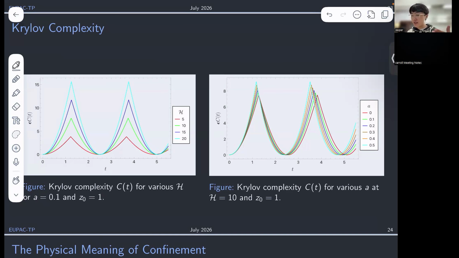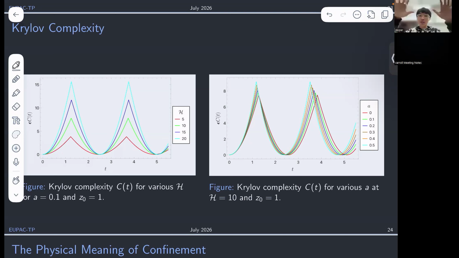Why the complexity is oscillatory is because we think our dual theory at the boundary is actually in a confined phase. For a soliton geometry, it's a confined phase. So we think in a confined phase, the Hilbert space is finite. What happens is we start from a very simple operator, and then it explores all the possible area, and after exploring the entire operator Hilbert space, it bounces back to a simpler operator.